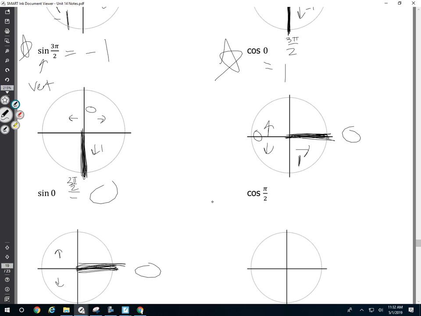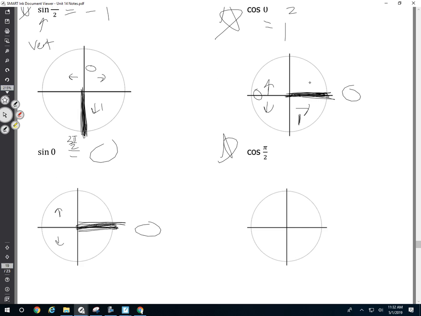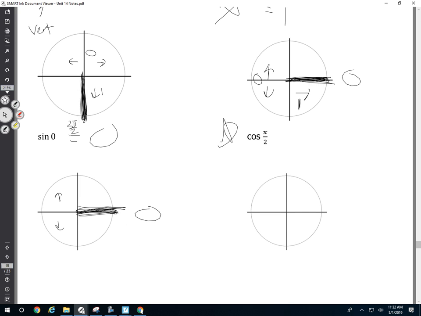What is the cosine of pi over 2? Discuss with your neighbors. Pi over 2.